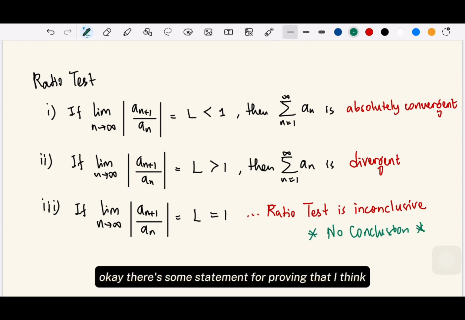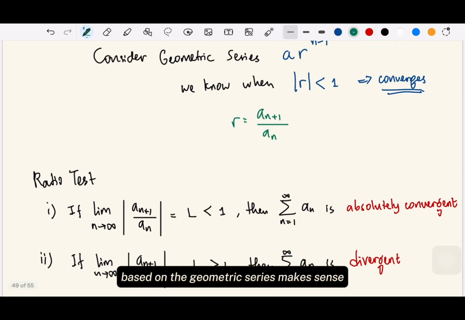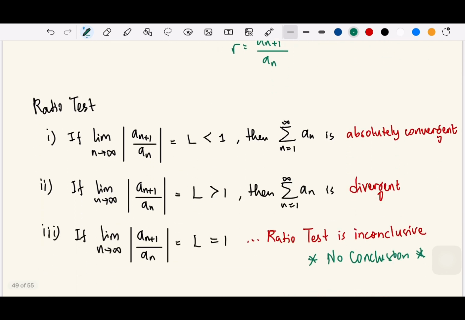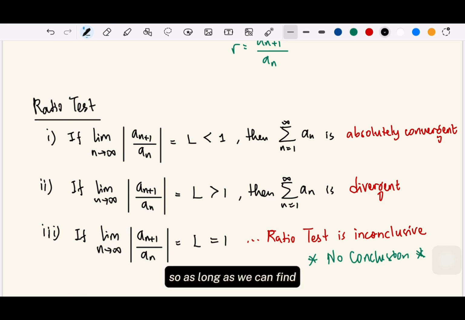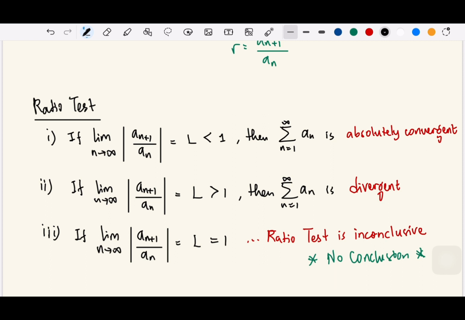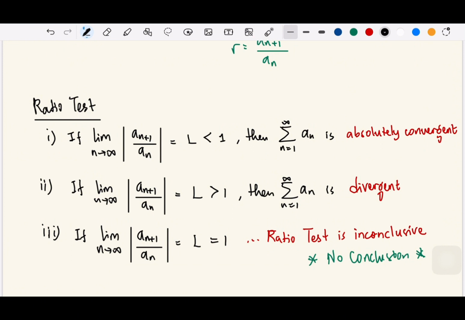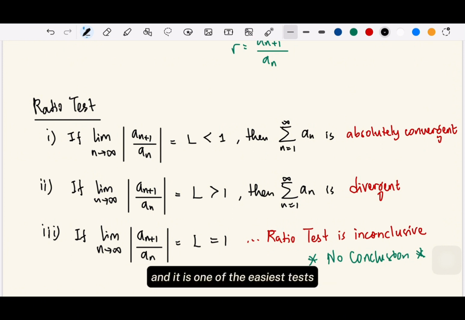Okay, there is some statement for proving, but I think I will skip that part. But I hope the idea based on the geometric series makes sense for the ratio test. So as long as we can find L, and we know L is some number, as long as it is not equal to 1, then we can make a conclusion that it is convergent or divergent directly. And it is one of the easiest tests, the ratio test.